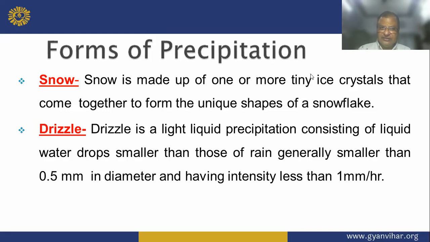Drizzle: drizzle is a light liquid precipitation consisting of liquid water drops smaller than those of rain, generally smaller than 0.5 mm in diameter and having intensity less than 1 mm per hour.